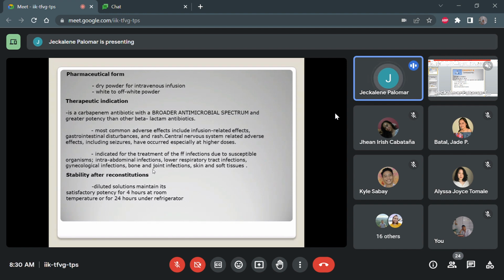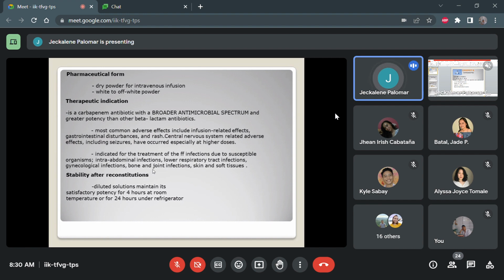Therapeutic indication: it is a carbapenem antibiotic with a broader antimicrobial spectrum and greater potency than other beta-lactam antibiotics. Most common adverse effects include infusion-related effects, a little swelling in the area, gastrointestinal disturbances, and rash. Central nervous system-related adverse effects, including seizures, have occurred, especially at higher doses.